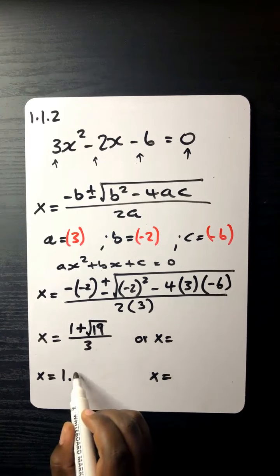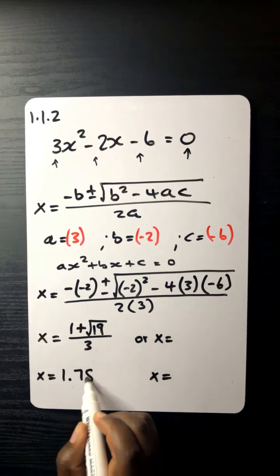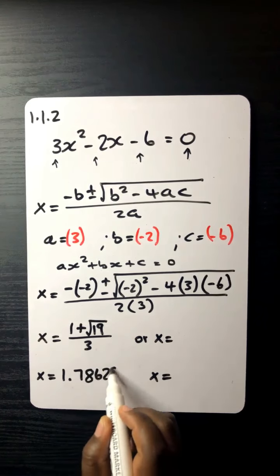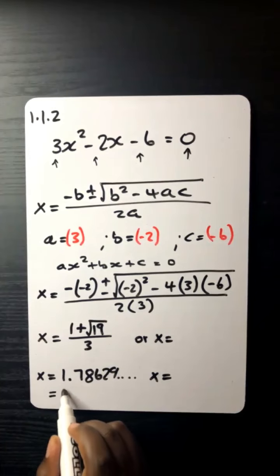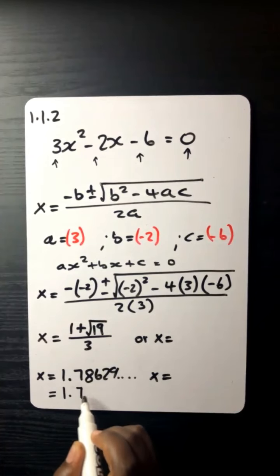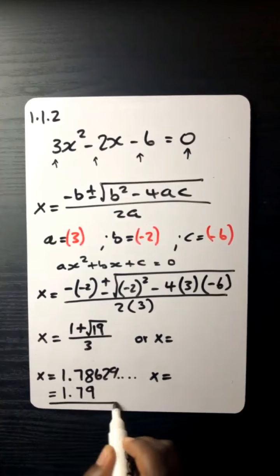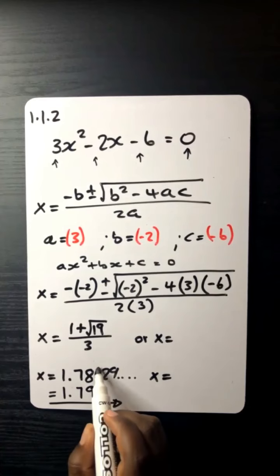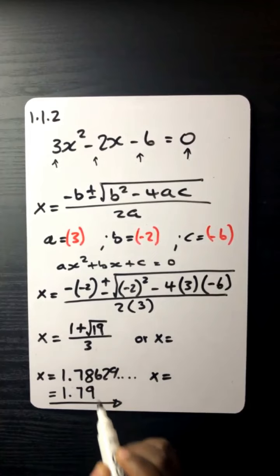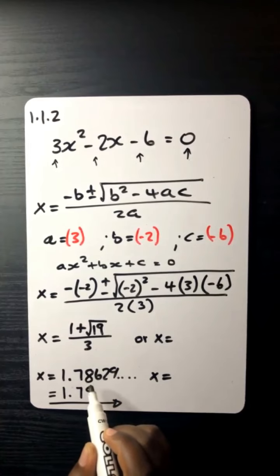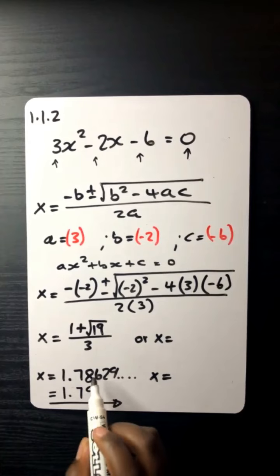Okay, so Lerato, it's 1,78629 and so on. So now correct to 2 decimal places, it's 1,79. This is where it ends because that number is more than 4. So if it's more than 4, you round this number to the nearest number. So you just add 1.